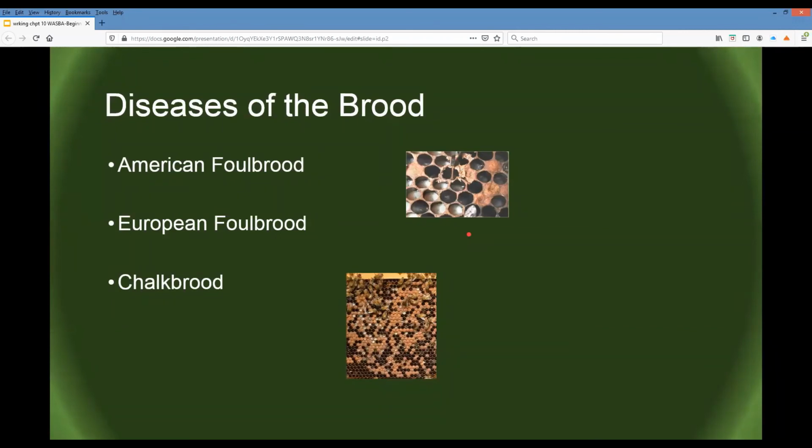The big takeaway with American foul brood is if you suspect you have it, you can take any object, twig, toothpick, pine needle, whatever, and stick it in. The brood is dead, so you stick it in that brood cell and pull it out. And if a brownish ropey string comes out when you stick that toothpick in there, and it has a very foul odor, then you most likely have foul brood.